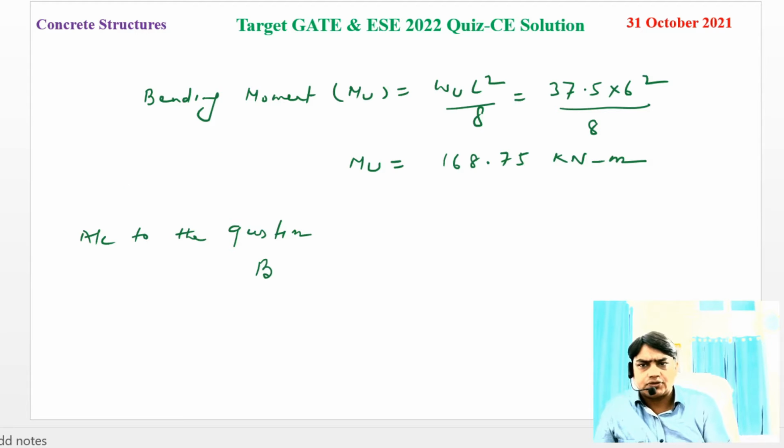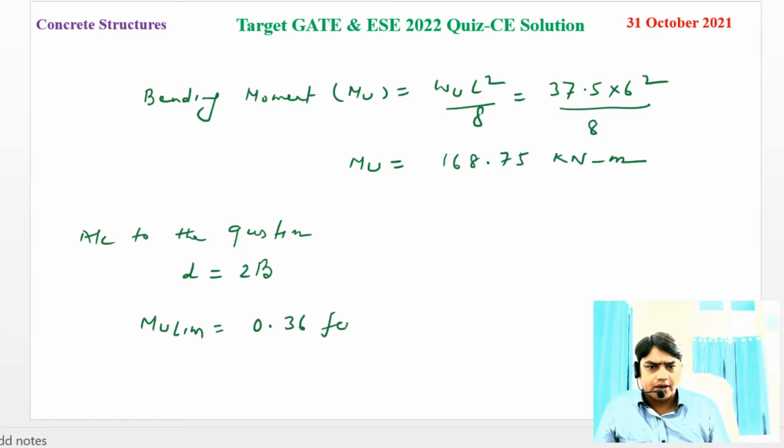So we have to design the limiting section. So for the limiting section we can compute Mu limiting is equal to 0.36 fck b into xu limiting into d minus 0.42 xu limiting.